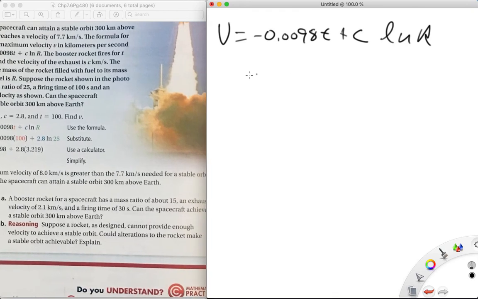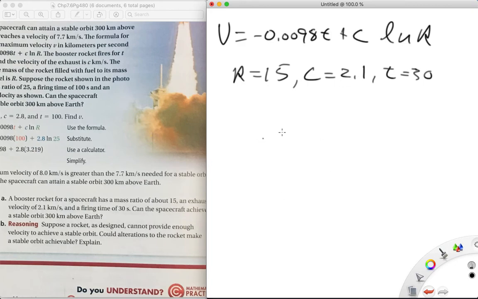So here, for this one, they put the mass ratio, so R is equal to 15, the exhaust velocity, C, is equal to 2.1, and then time is equal to 30 seconds.